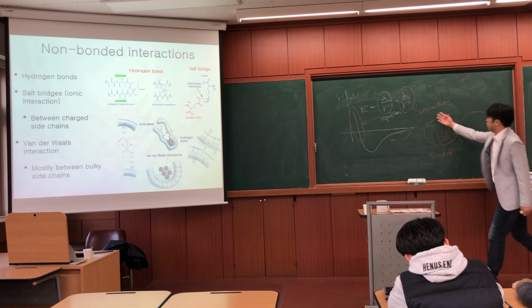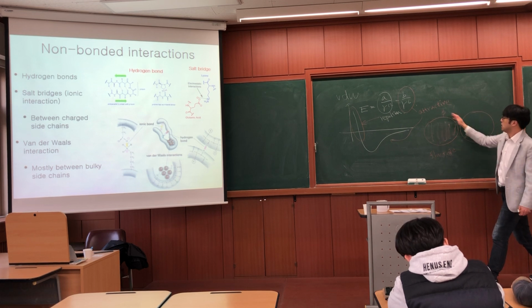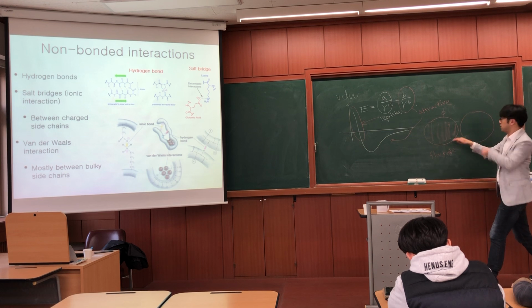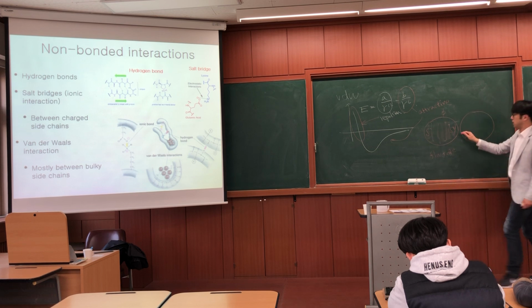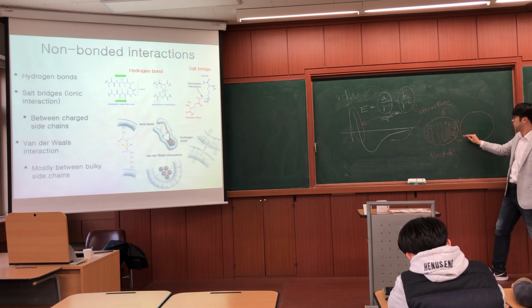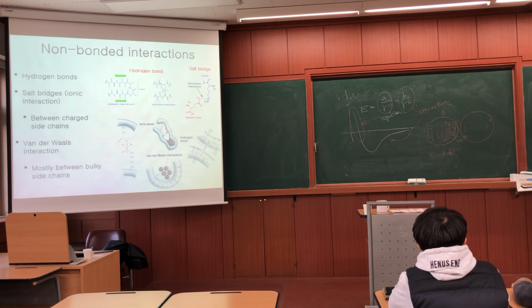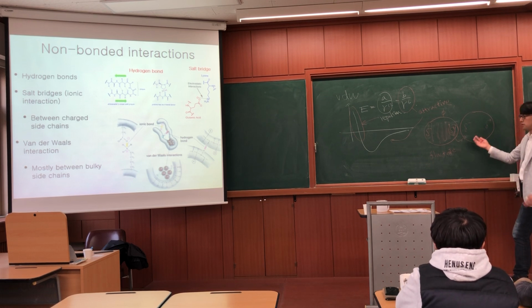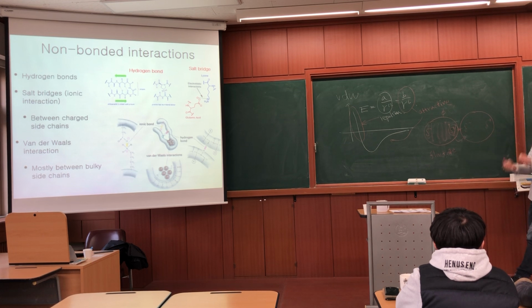Although the net charge is zero, the total charge might be zero, but sometimes it fluctuates and becomes slightly positive or slightly negative, and then this one affects this molecule and induces negative charge here and positive charge here. That is the fluctuation, and by doing this, they are actually attracting each other.